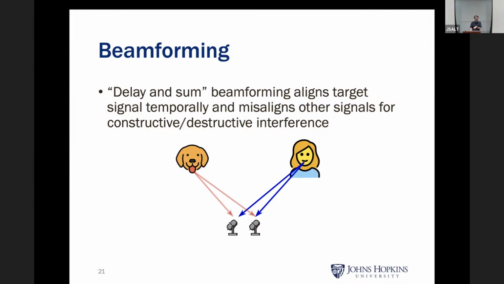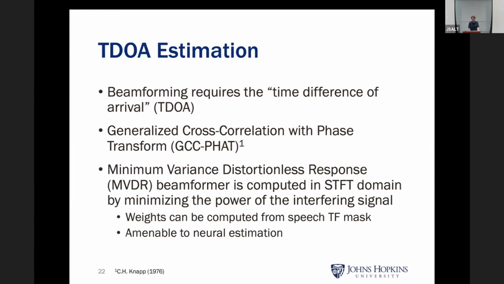So when you add them together, there's some combination of constructive and destructive interference, and it doesn't really improve that signal. So now that you've amplified your speech and reduced the interference, you've improved the signal overall. One of the key parts of doing beamforming is estimating this time difference of arrival. That's the core issue with all of the beamforming algorithms.